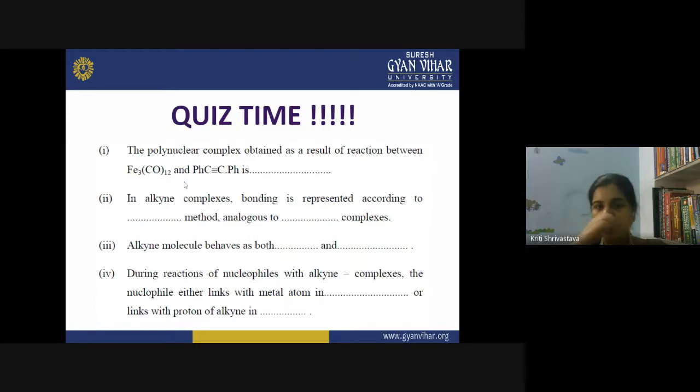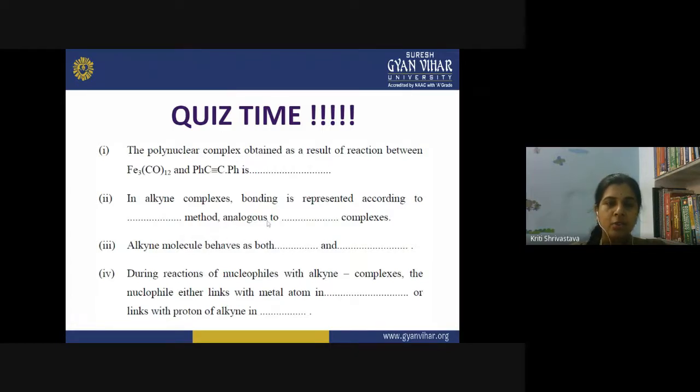So what would be the product of this reaction? You have to find it and write it in your notebook. Then the second question for today: in alkyne complexes, the bonding is represented according to which method? Again, you need to find the answer, and we will discuss this in the next lecture.